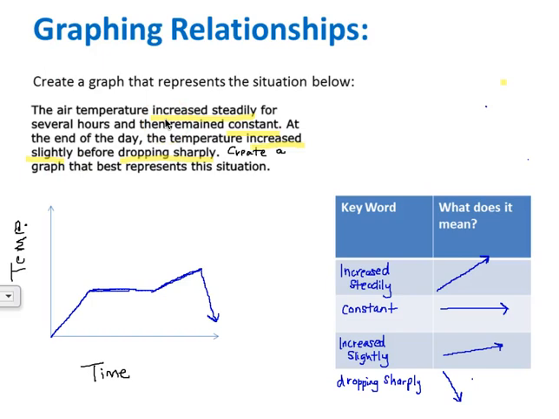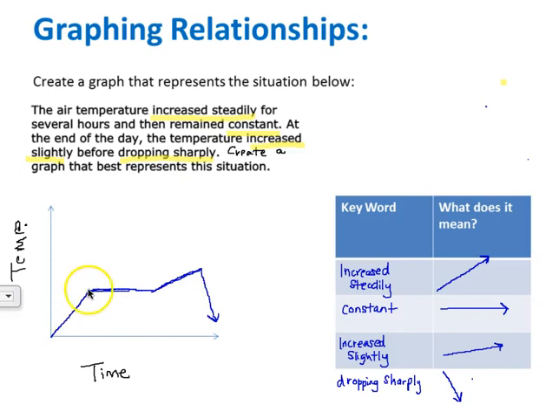And before we move on to the next slide and look at a different type of relationship, I'd like to tell you that this graph is what we would call a continuous graph. And it's continuous because we never picked up our pencil, right? We could draw this entire graph without picking up our pencil.